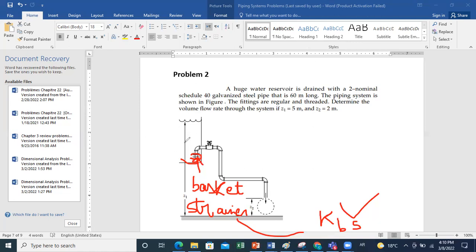Now, as I go through my system, first I have a 90 degrees elbow here, and I have a second one here. So 1, 2, 3, and 4. And since I am changing direction by 90 degrees, all of these 4 elbows are 90 degrees elbows. So I have first a basket strainer, 4 90 degrees elbows.